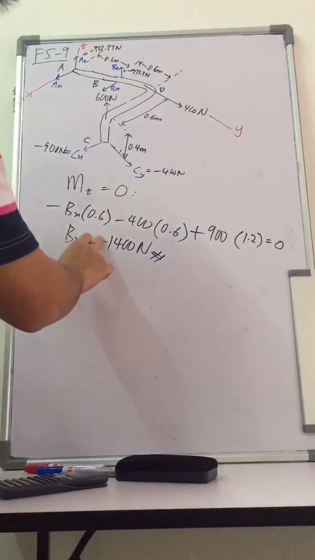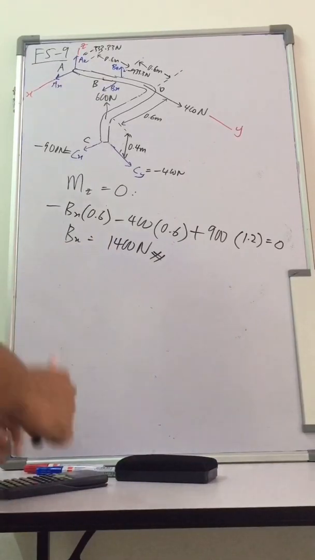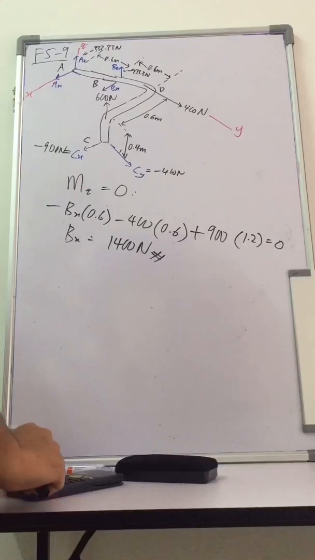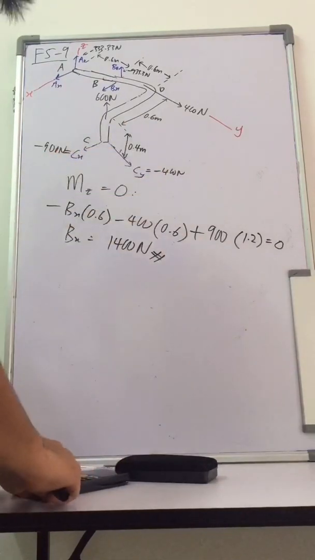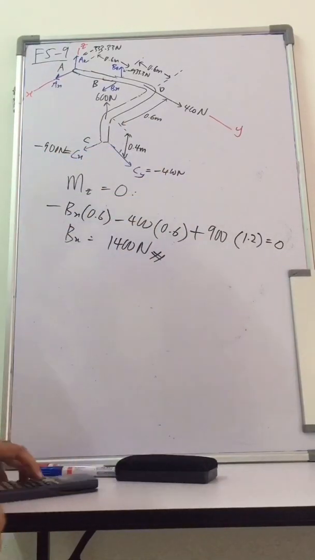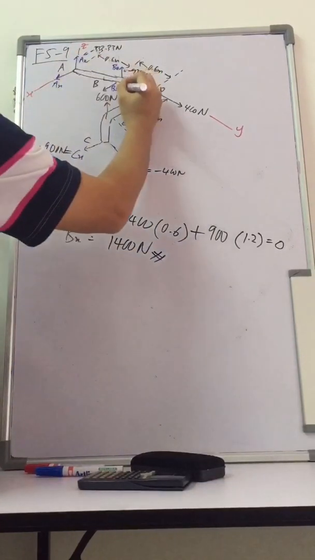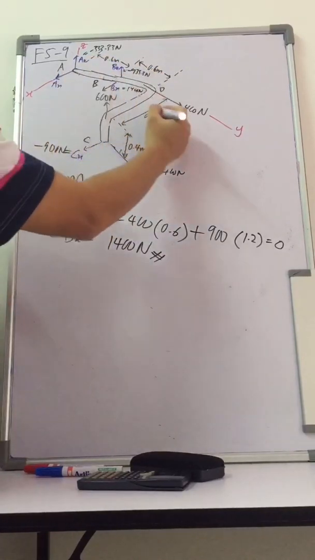Actually, it's not minus, it's plus. Let me do this again. 900 times 1.2 minus 400 times 0.6. So you got 840, but you go the other way around, divided by 0.6. So okay, the initial assumption was correct for BX. So BX is positive 1400 Newton. Okay, the direction is okay.